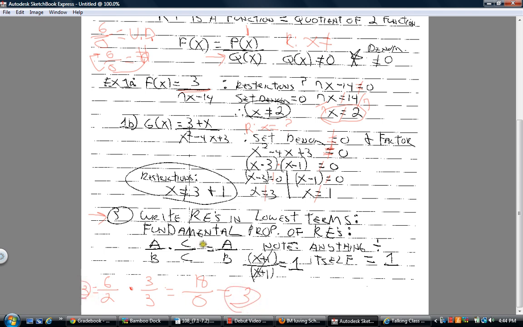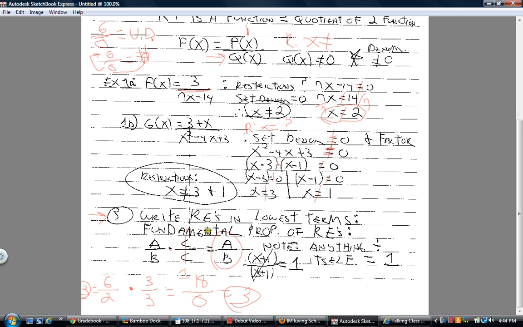They're trying to get you to understand that anything divided by itself equals 1, and therefore you can cross it out because it equals 1, and you're doing multiplication, and you're left with the original rational expression. You're going to see lots of examples of that.